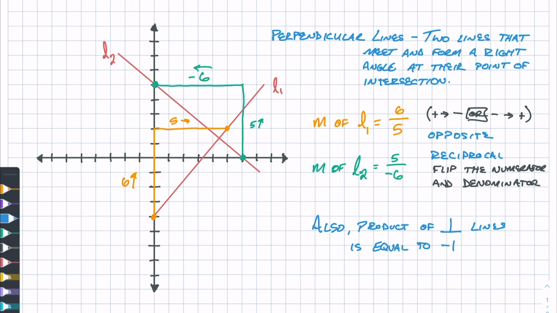So that's another check that you can do to see if these two lines are perpendicular. If we take 6/5 from line 1 and multiply that by -5/6 from line 2, we end up with -30 over 30, which gives us a value of -1. So these two lines are indeed perpendicular.